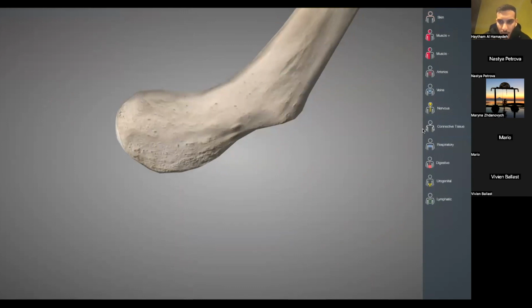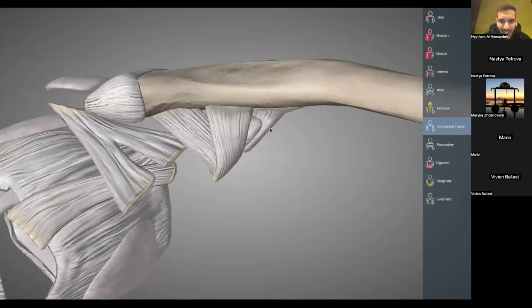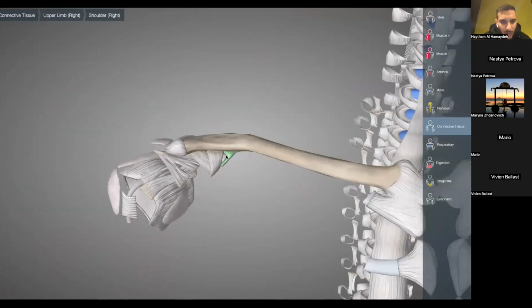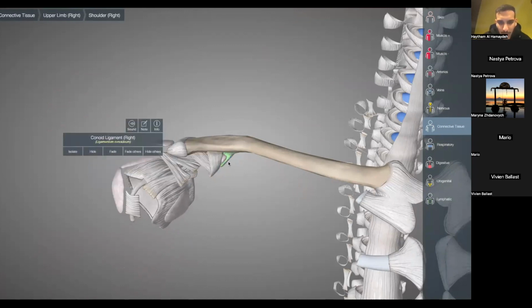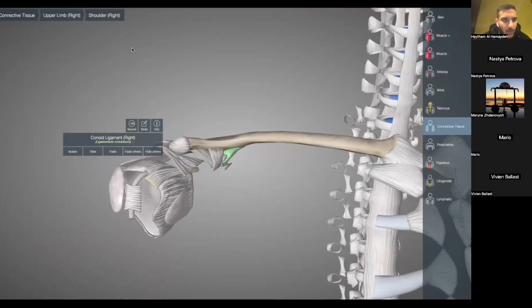And you have this tubercle, boom, attachment of ligament. These two make up one ligament, the tubercle part, trapezoid part, and the conoid ligament. They are two parts of a ligament. One second, I forgot.